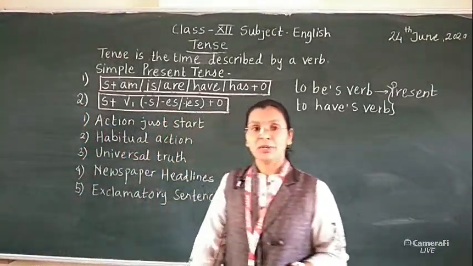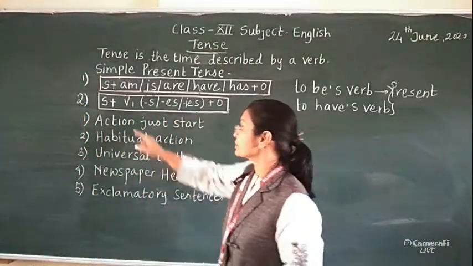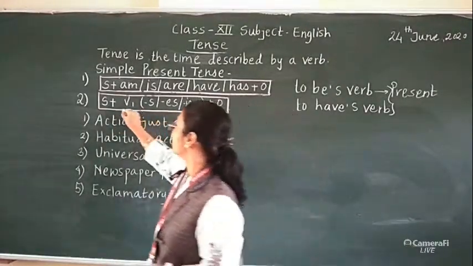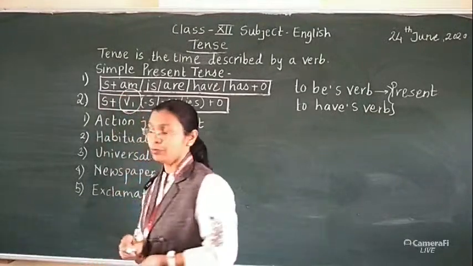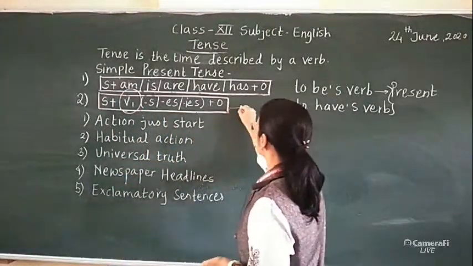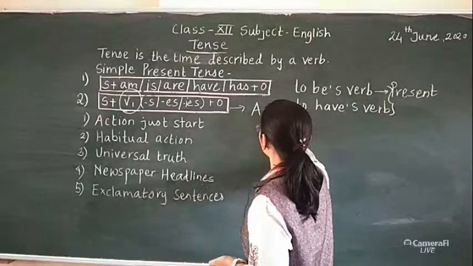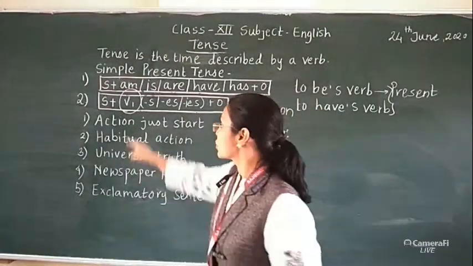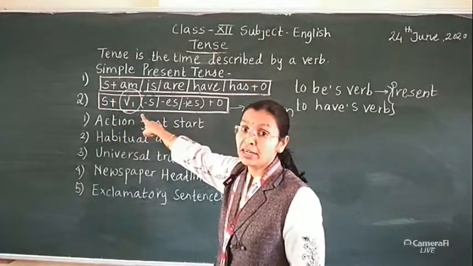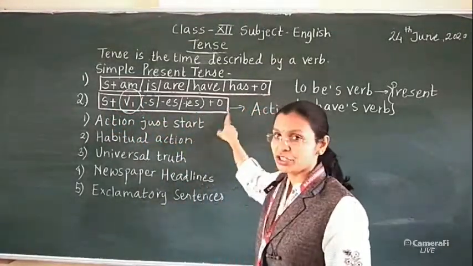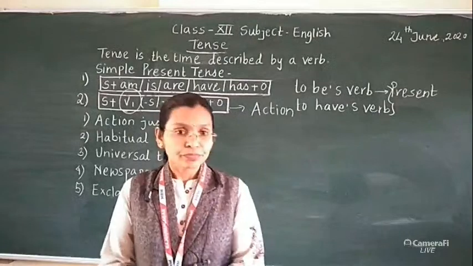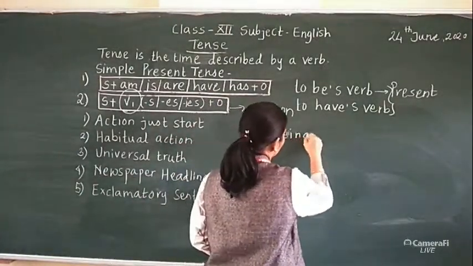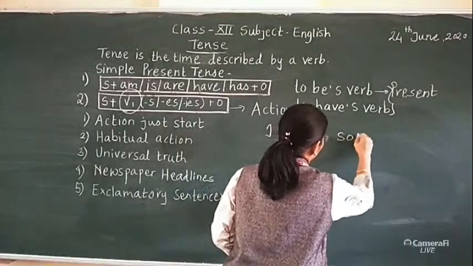In the second formula, subject plus V1 plus object. Here V1 is very important. V1 means what? It shows the action verb. So the formula is subject plus V1 plus object. For example, I sing a song.